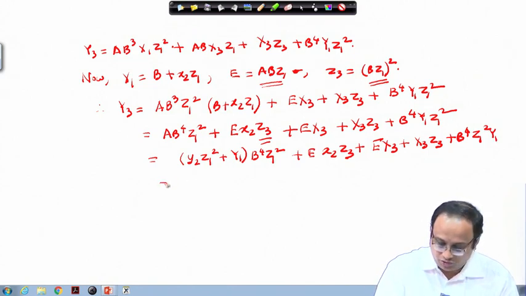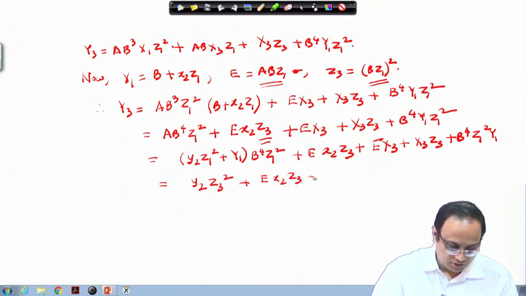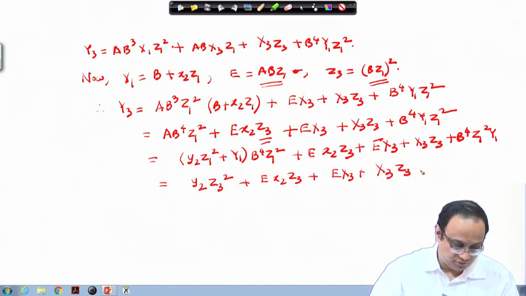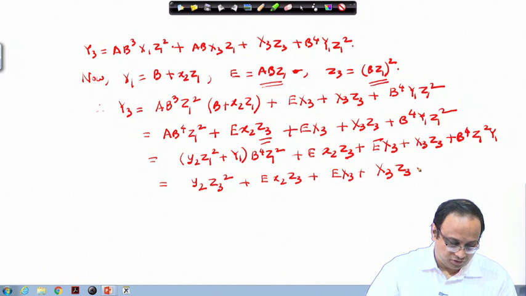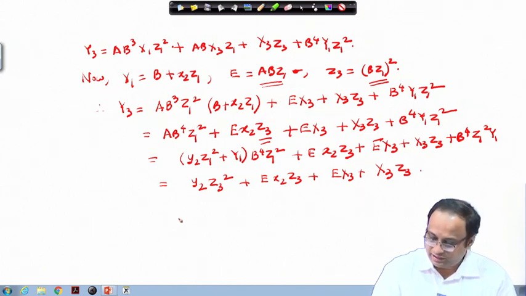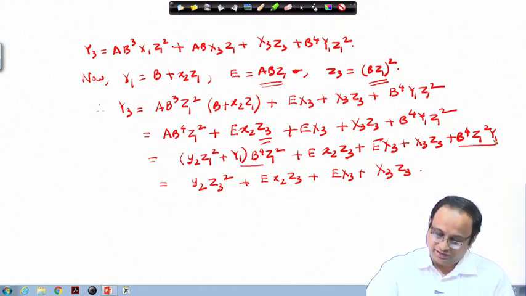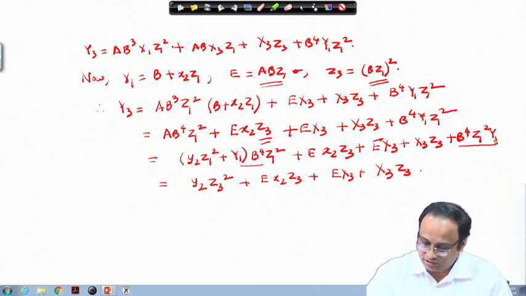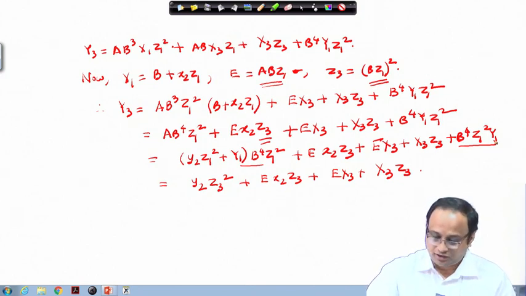So, this becomes equal to y2 z3 square plus E x2 z3 plus E x3 plus x3 z3. So, you can see that the b to the power of 4 z1 square y1 terms cancel off, and this is essentially the term that I have finally.